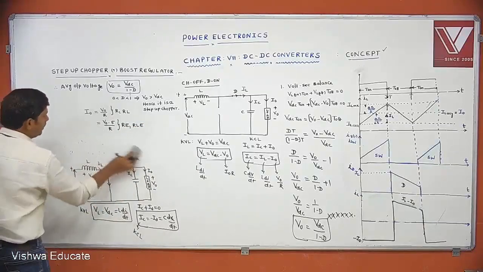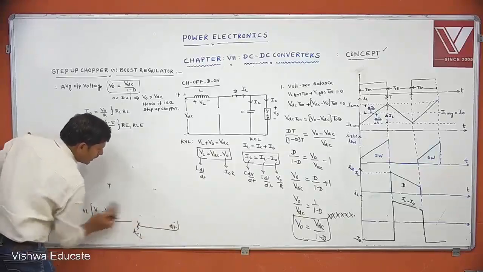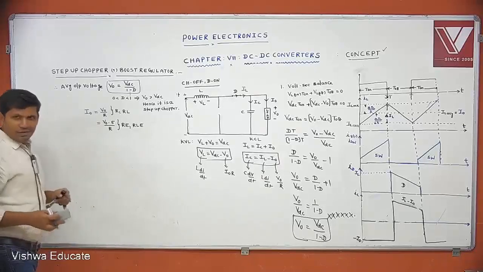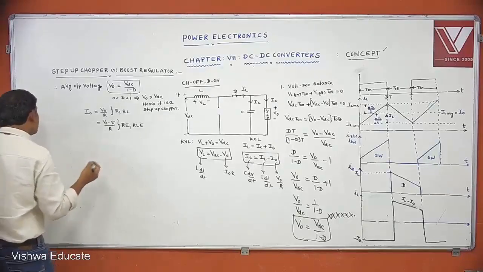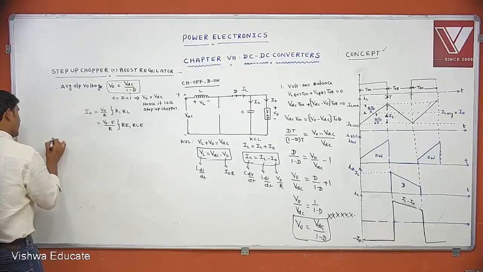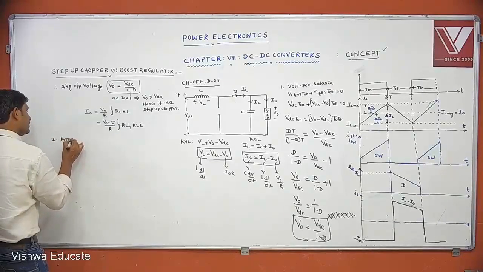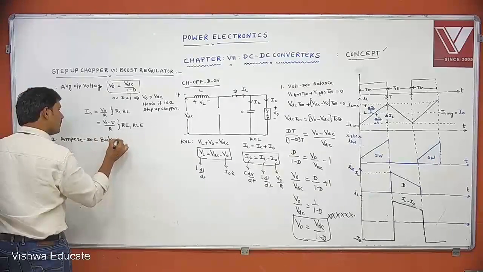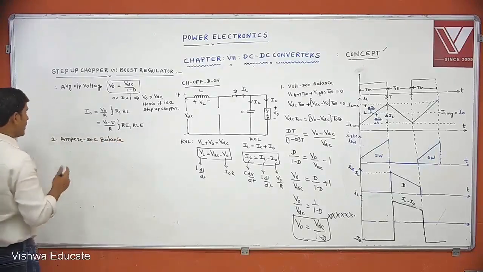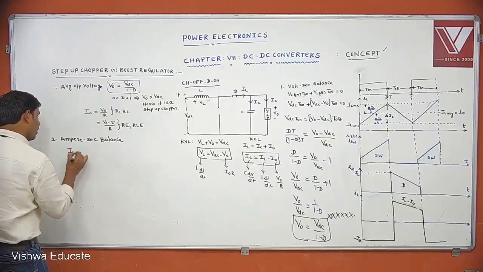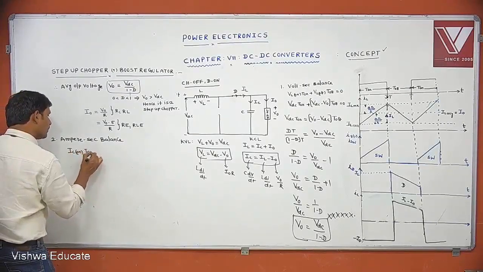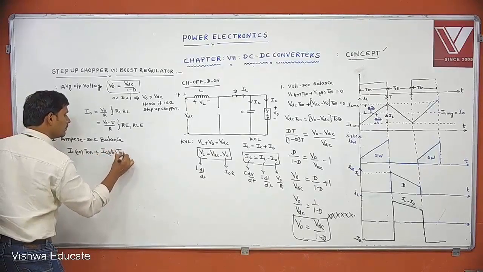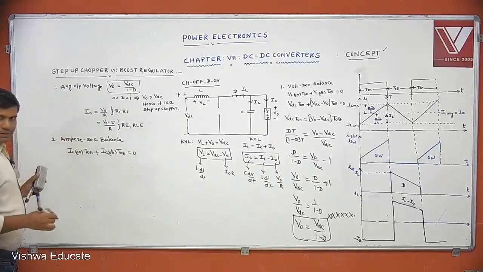Now the second parameter. For that you do the current second balance, ampere second balance. According to ampere second balance, IC on into T on plus IC off into T off is equal to 0.